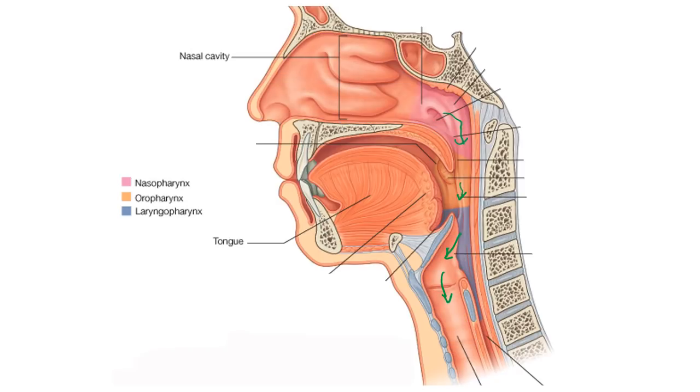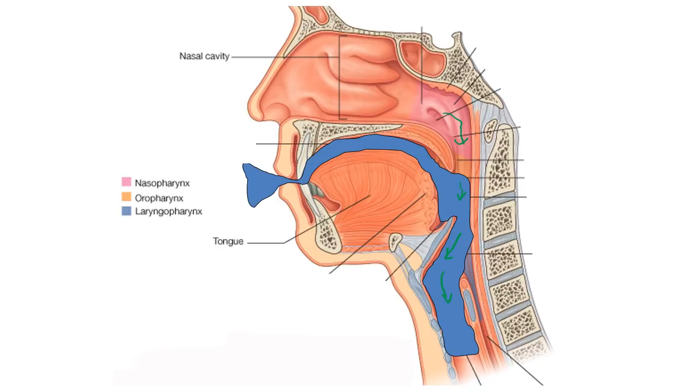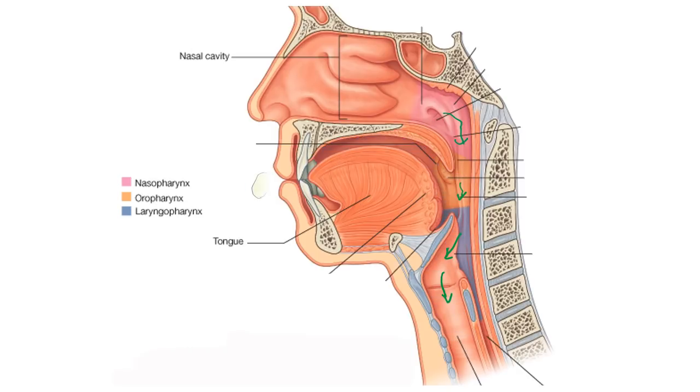Obviously, if you breathe in some air through your oral cavity, it's going to go into your oropharynx and then again into your laryngeal inlet and down into your trachea. Now, if you drink some water, that water should be destined down here for your esophagus. So it's going to go again through your oral cavity into your oropharynx, into your laryngopharynx, and then into your esophagus.